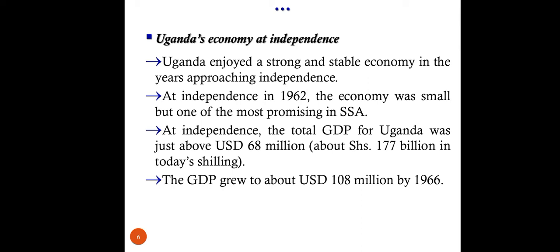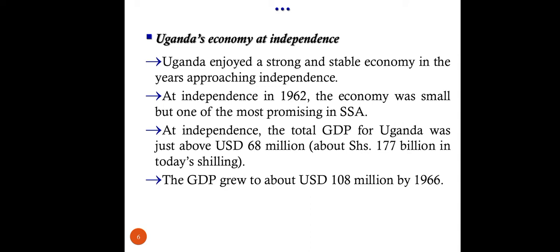At independence, the total GDP for Uganda was just above $68 million, which in today's shilling is about 177 billion. So in the 1960s, at independence, Uganda was one of the promising economies in Sub-Saharan Africa, and it was really thriving. Economic growth rates were realized and everything.